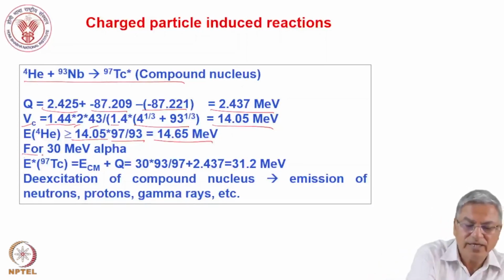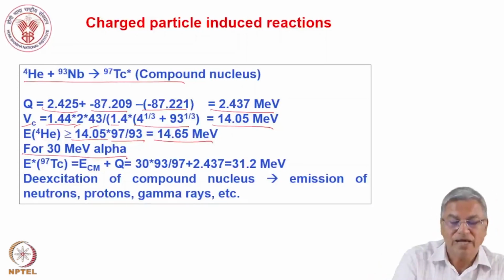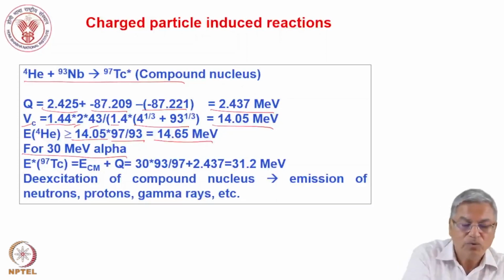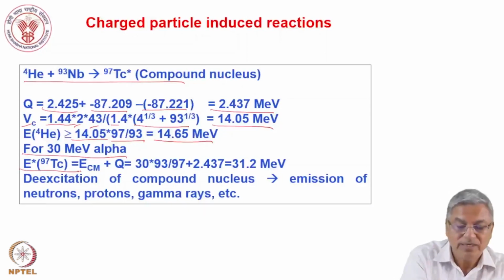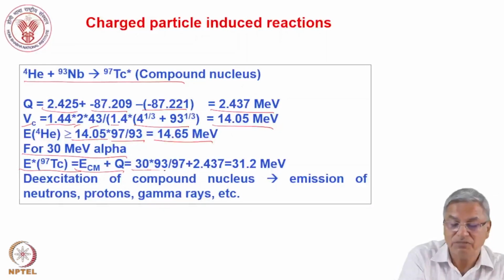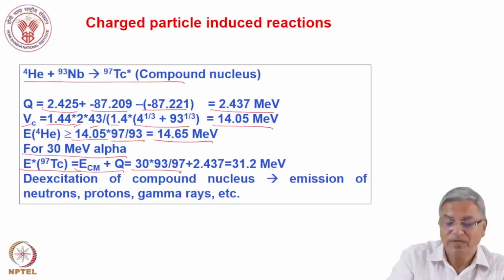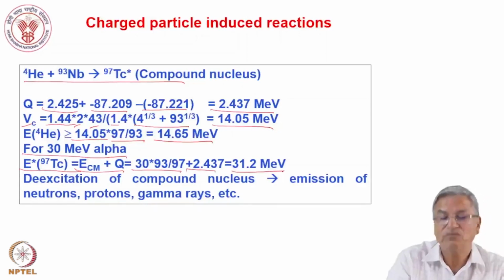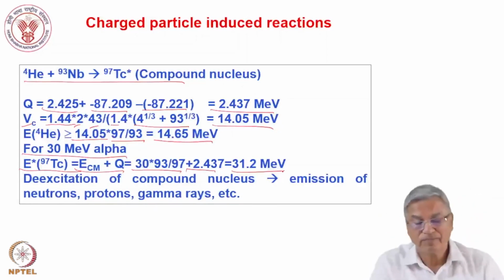Let us take a case of a 30 MeV alpha particle, which is higher than the Coulomb barrier. In such a case, the excess energy of the compound nucleus will be ECM plus Q: 30 MeV alpha, ECM into 93 by 97, plus the Q value, will be 31.2 MeV excitation energy.